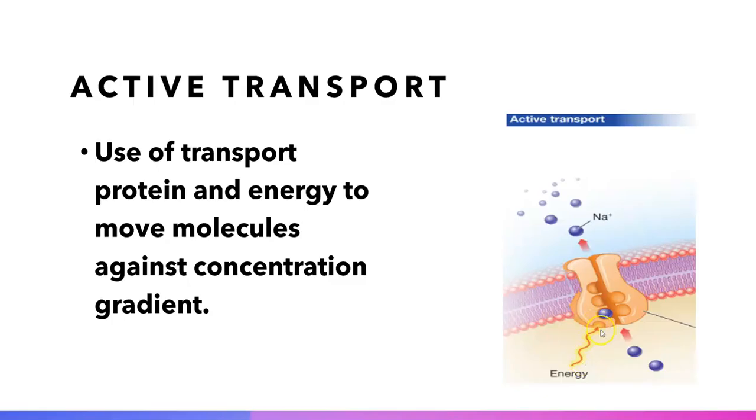We see energy coming in to help this transport protein pump these sodium ions from where they are at very low concentration to an area where there's a much higher concentration. This is active transport. We're moving against the concentration gradient, but in order to do so, we need some energy. We're stockpiling something. We're going the opposite of our usual diffusion.